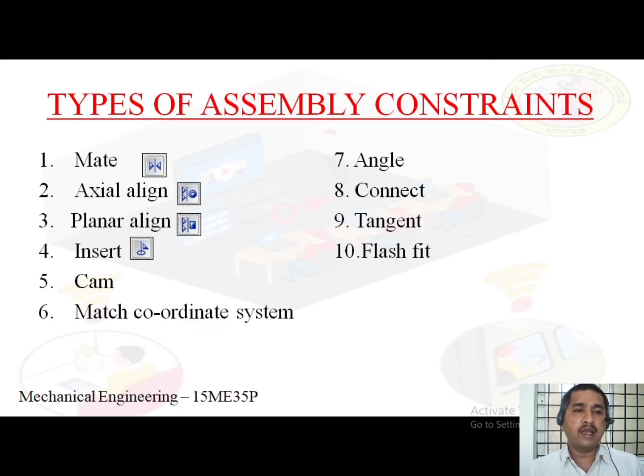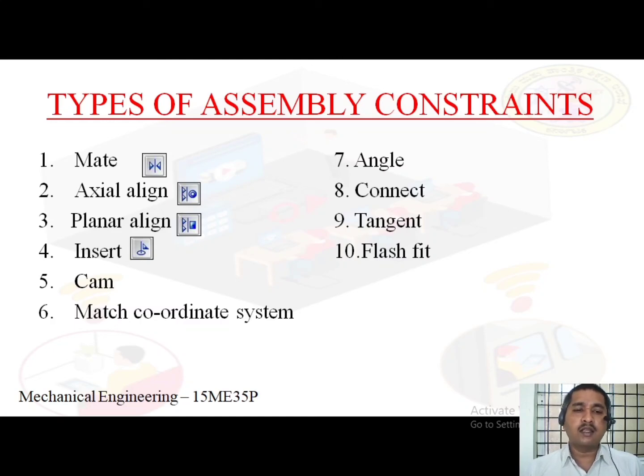The next one is the angle relationship. The angle relationship is used to specify the angular position between the selected faces, reference planes, or edges of the two parts. The next one is the connect relationship.